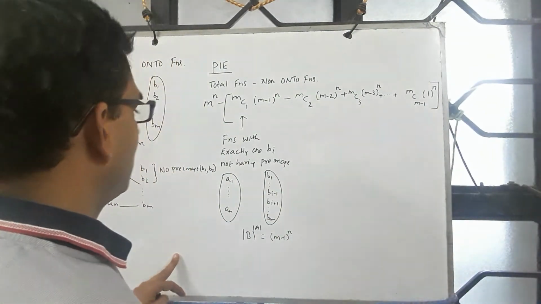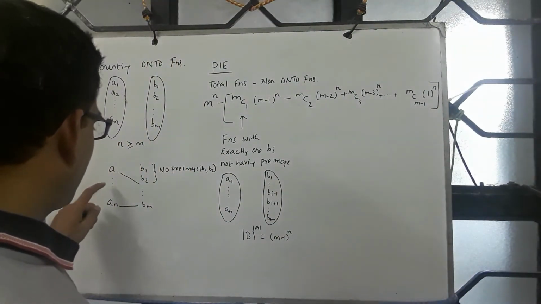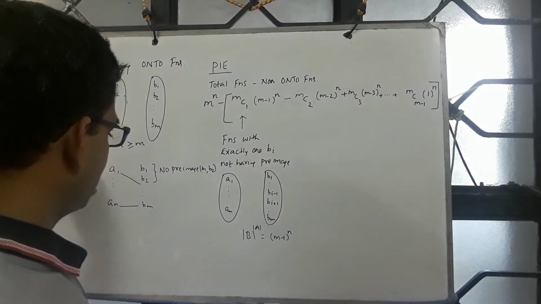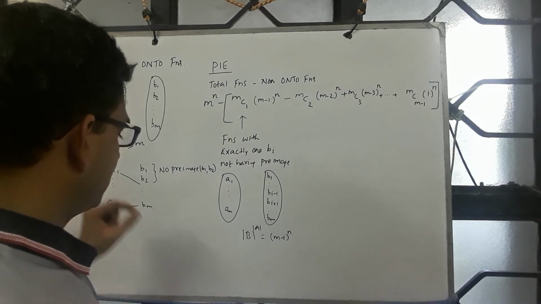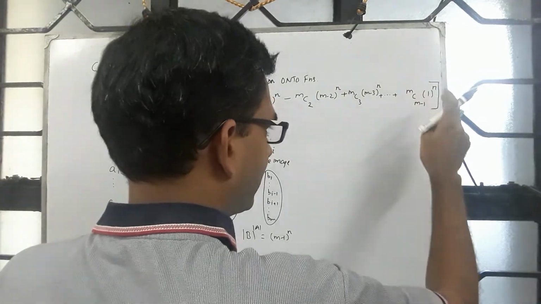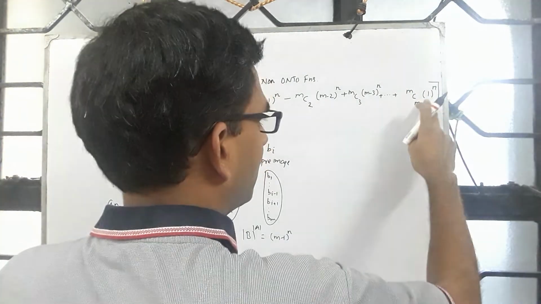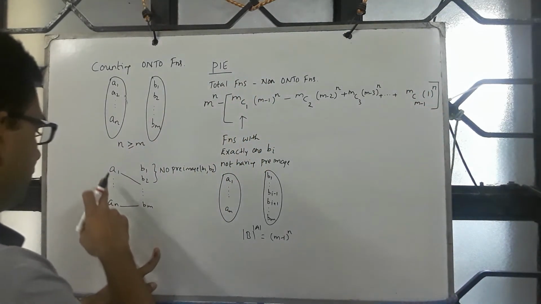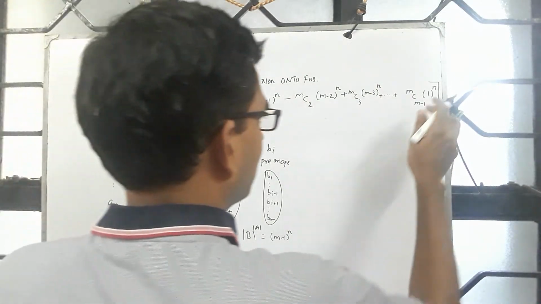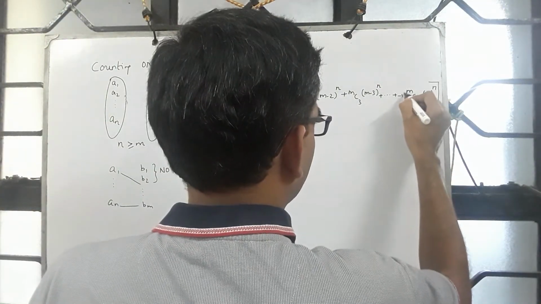Correct? So that shows that m minus 1 elements are not having pre-images, only one is having. We don't know which m minus 1, so m choose m minus 1, into the number of functions from an n element set to just one element in the codomain. So that's precisely this value.